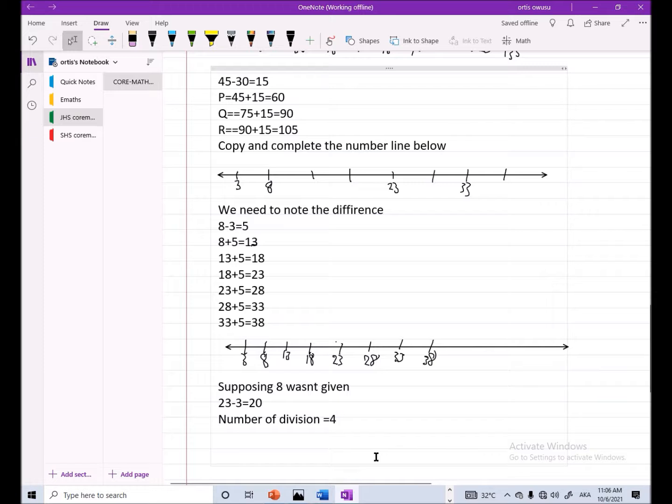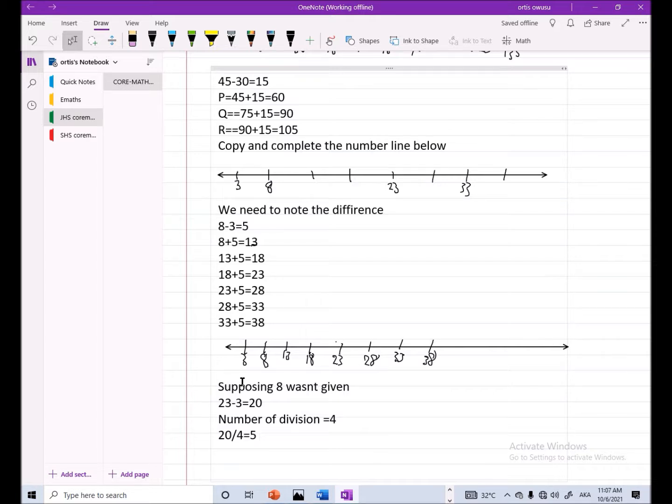So how do we do it? We write 20 divided by 4, which will give us 5. So we can get the range, which is 5. We can use it and write 5 plus 3, 8.